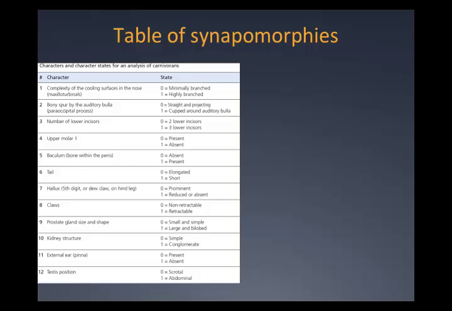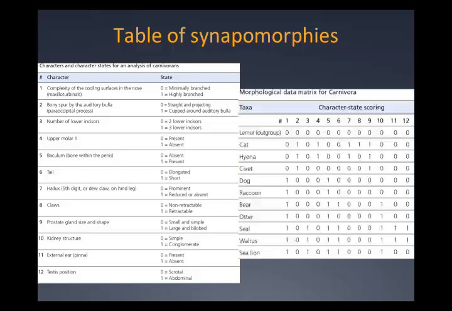So let's build what's called a character matrix for Carnivora, with which we can construct a phylogeny. The taxa are along the vertical axis of this character matrix, and the character numbers, which correspond to the character states in the first image, are along the top of this matrix. The first row describes the character states of the lemur, which serves as our outgroup.